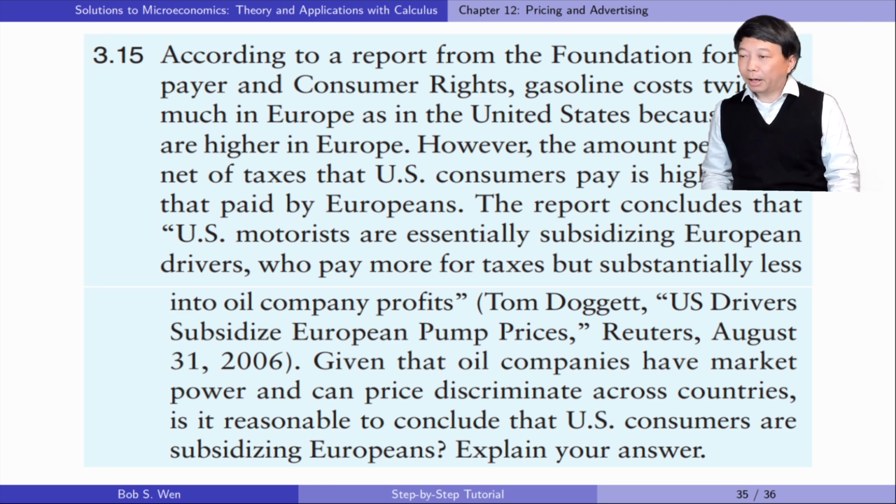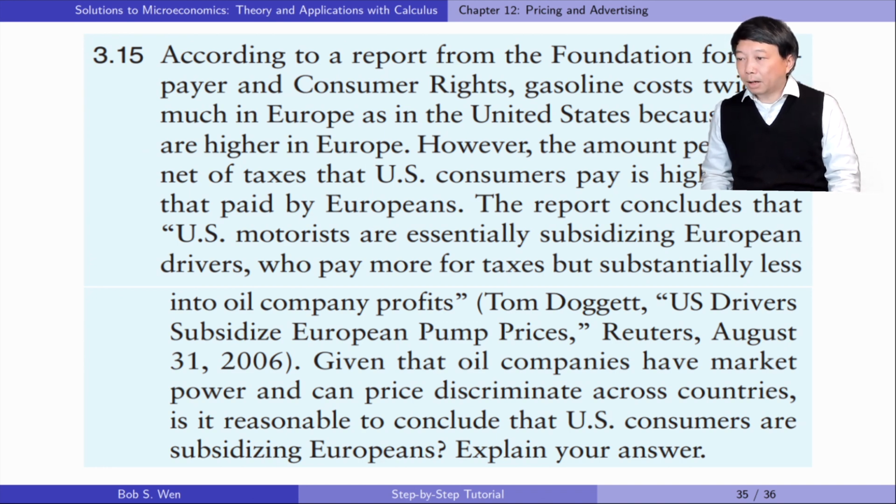Let's address exercise 3.15. According to the report from the Foundation for Taxpayer and Consumer Rights, gasoline costs twice as much in Europe as in the United States because taxes are higher in Europe.